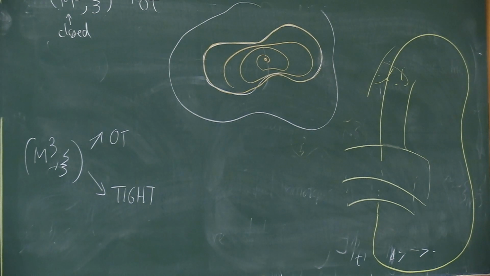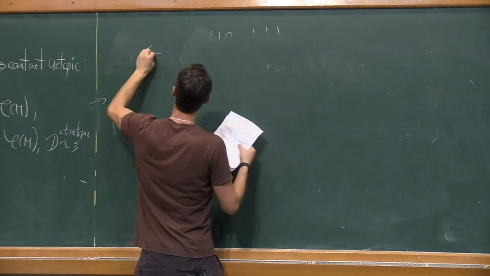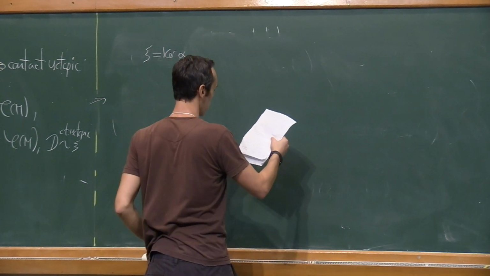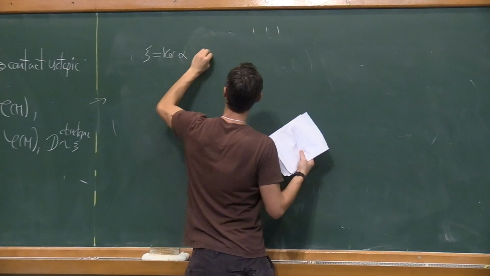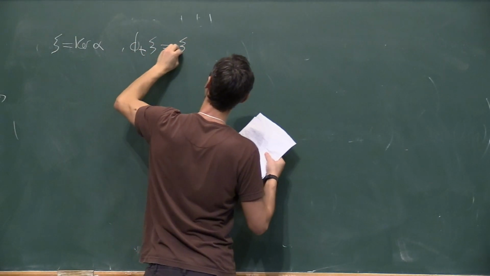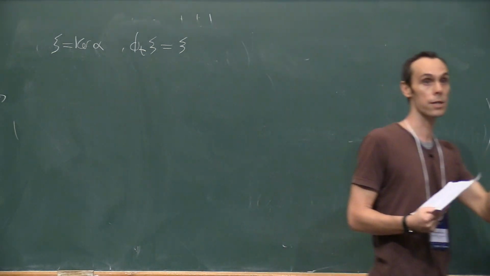talking about Gray's theorem very briefly. Because you see, let me just fix my contact structure with a global one-form. And let me choose an isotopy with the property that the isotopy leaves the contact structure stationary.